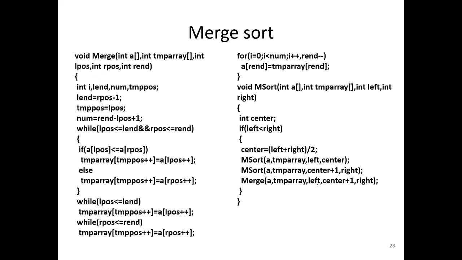The number of elements in the list is calculated as right end minus left position plus 1. Initially we store the left position value into the temporary position. And the left end value is calculated as right position minus 1.